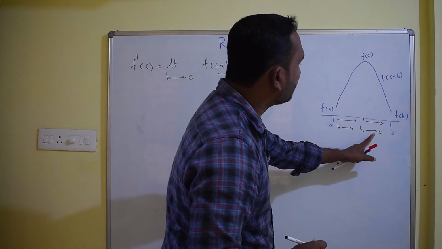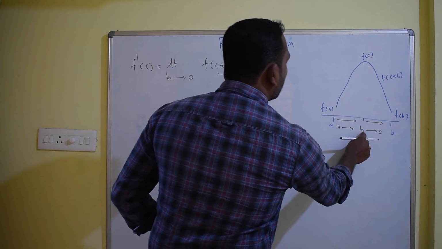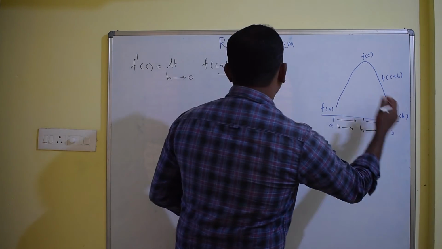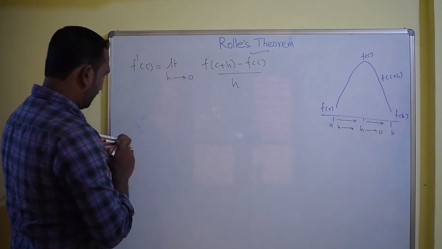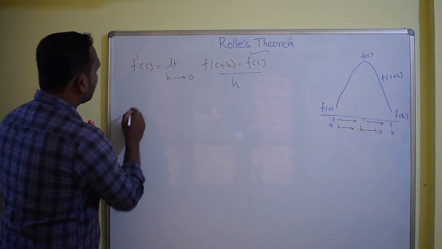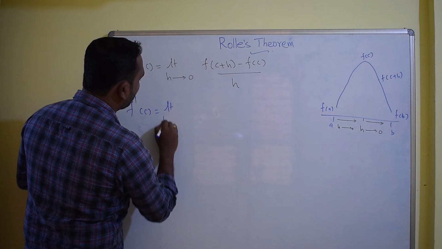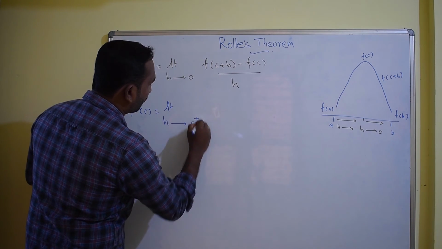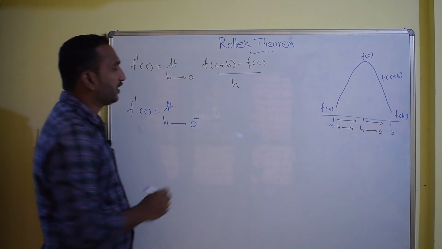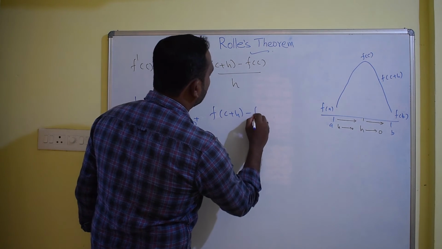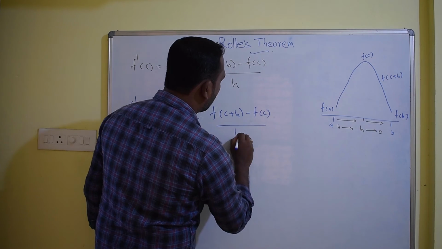Now I will consider two things, one is maximum and another one is minimum. Now first I will choose the maximum point, that means h is a positive value, h is on the right hand side. So f dash of c is equal to limit h tends to 0 from the positive side of f of c plus h minus f of c divided by h.